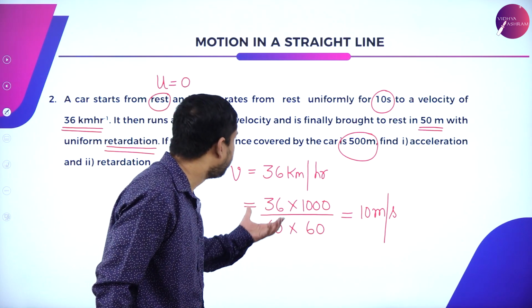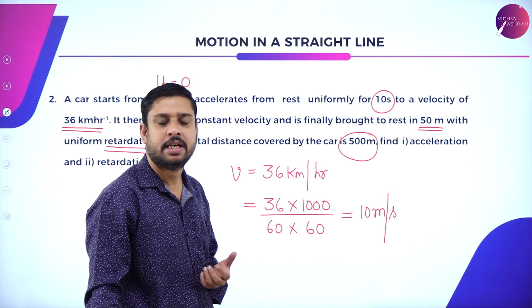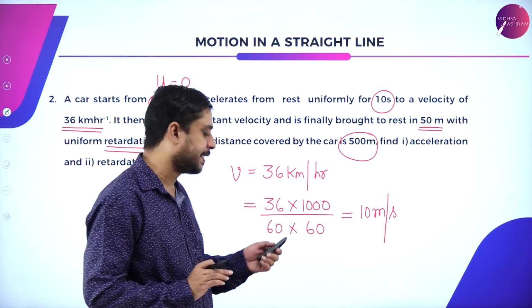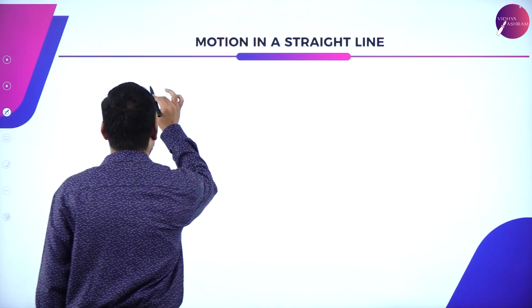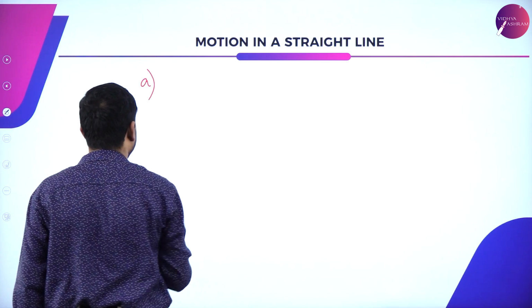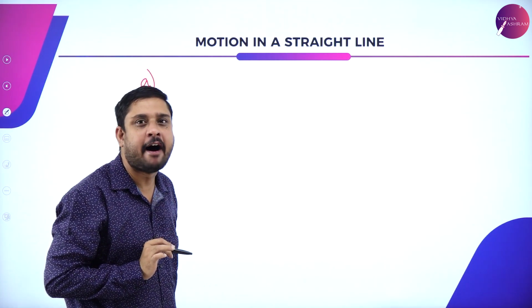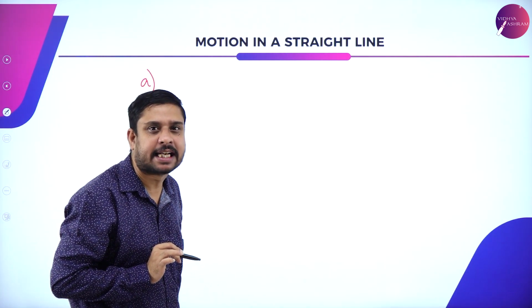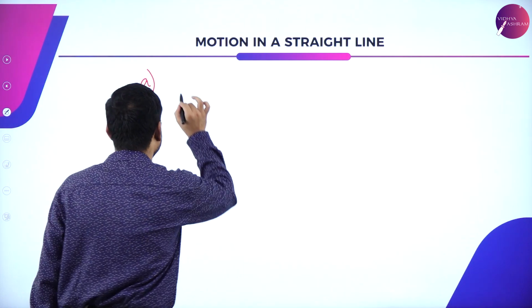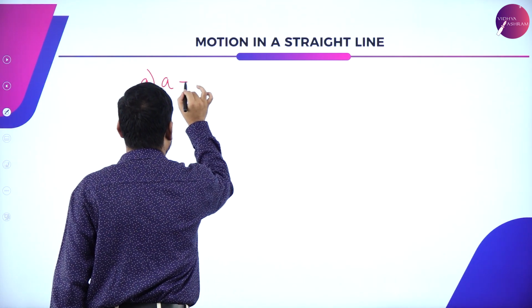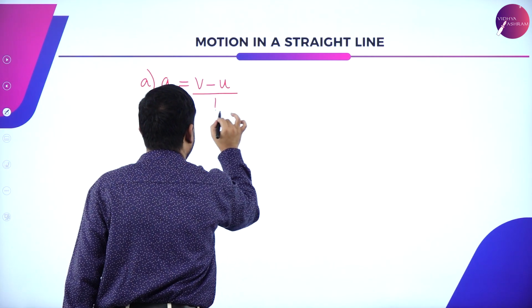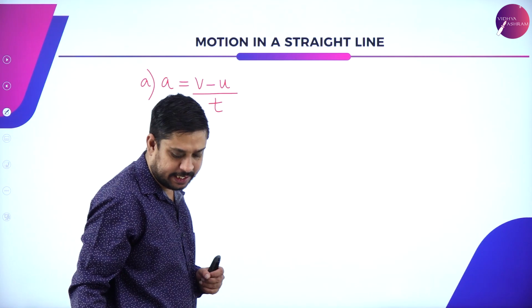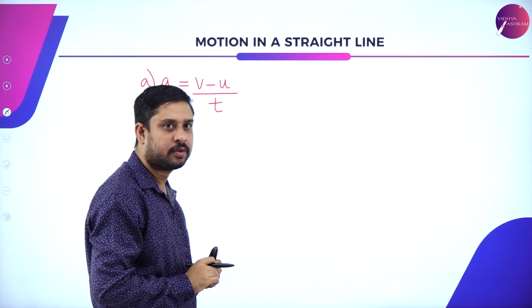These are simple calculations. You have your simple calculators. Just substitute and simplify. Now, the first part of the problem, I have been asked to calculate the acceleration. So, very clearly, a is (v minus u) divided by t.